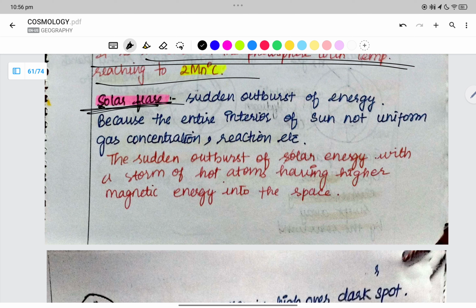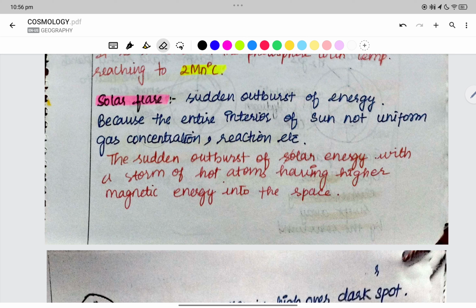Solar flare. Suddenly there is an outburst of energy from the sun. Yes, a sudden outburst of energy from the sun is what we call the solar flare, because the entire interior of the sun is not a uniform gas concentration.